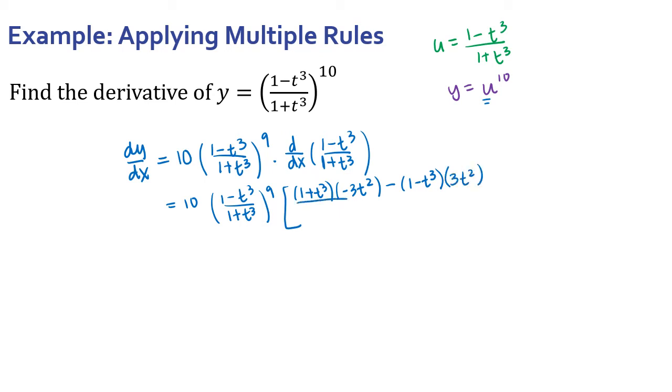And then that's all over 1 plus t cubed all squared. And we're going to leave it just like that. You could totally go through and simplify this more, but we'll leave it at that.